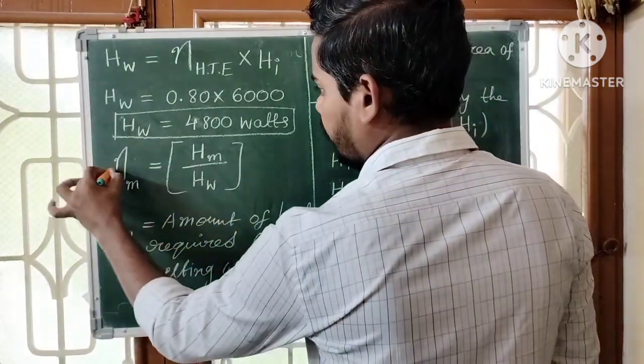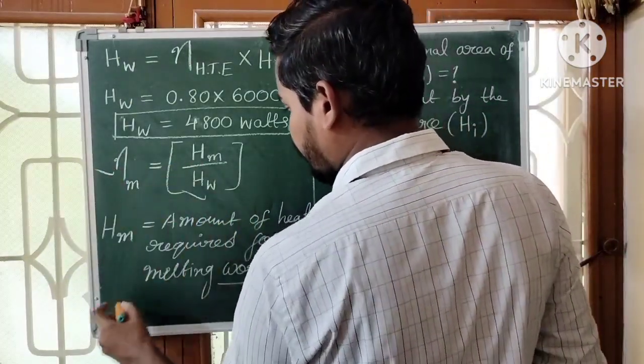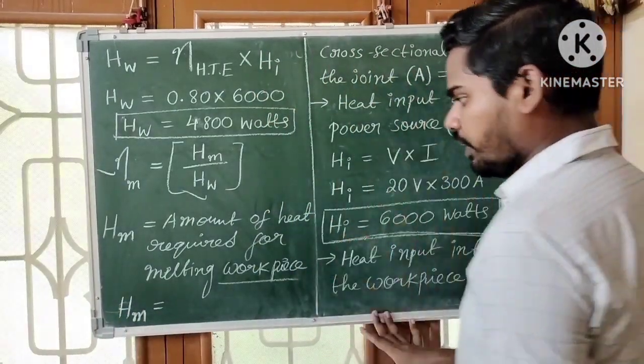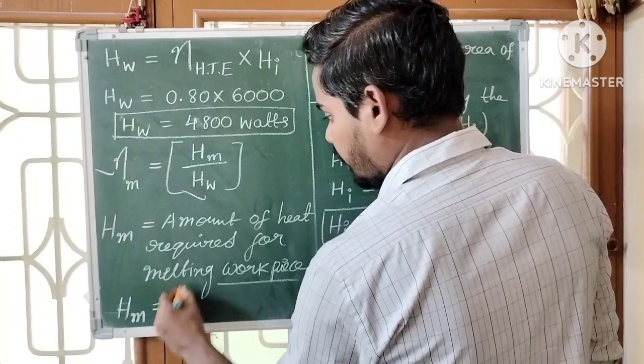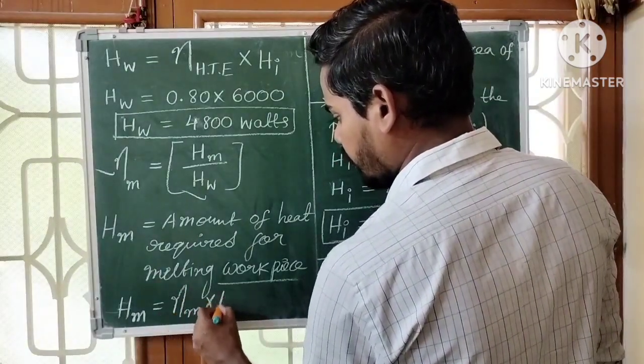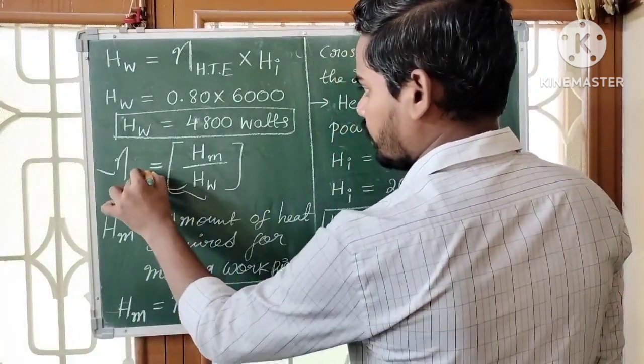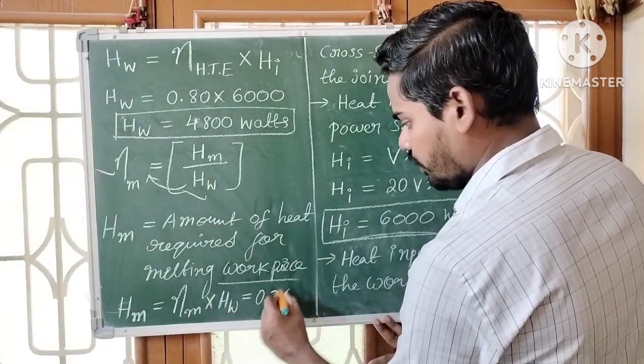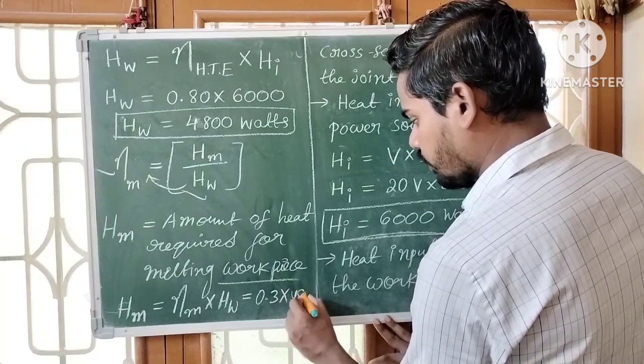So here we have ETIM and HW. We can find HM. Now HM is equal to what? So amount of heat required for melting workpiece is ETIM into HW. Okay, now transpose HW. So ETIM already given, melting efficiency 0.3 into HW how much? 4800.